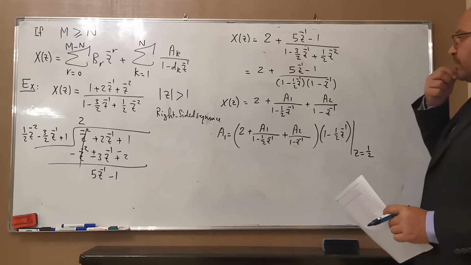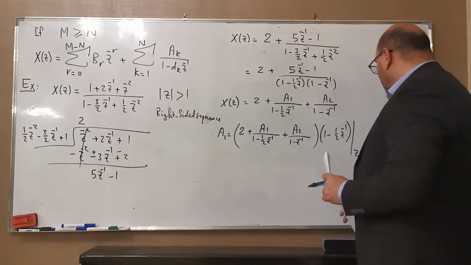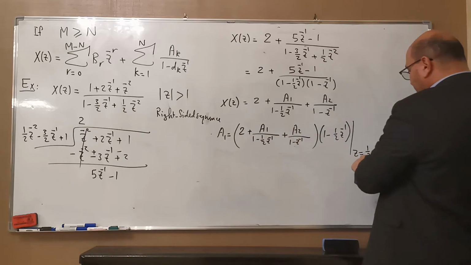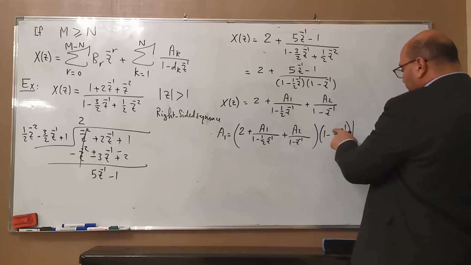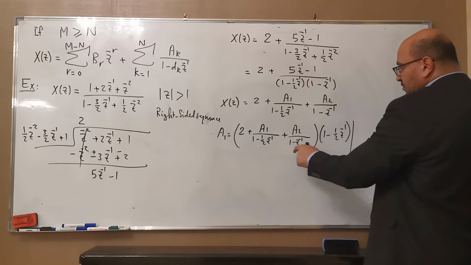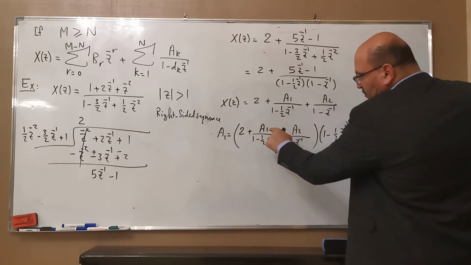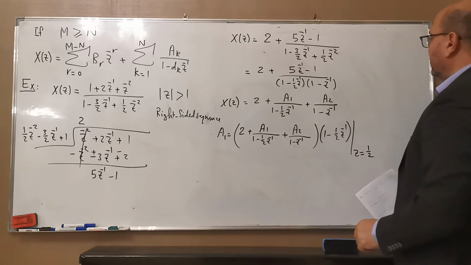If you multiply this by 2 and substitute at 1/2, this is 0. Here, 1 minus 1/2 substituted is 0, multiplied by A2 is 0. And the only one that remains, this one will cancel with this one, so you have A1. So A1 is equal to this.